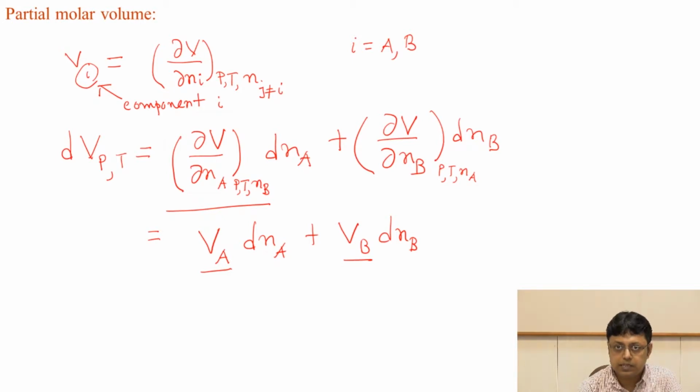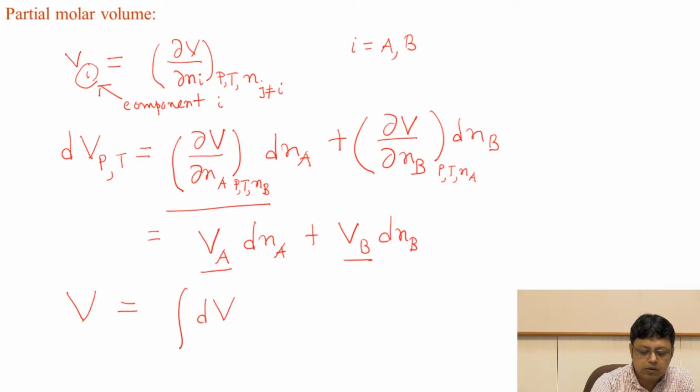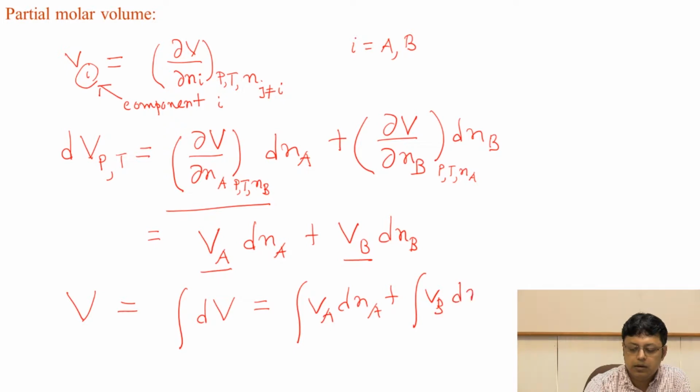So the partial molar volume of a particular component is defined as how the total volume changes if we add that particular constituent. We can ask what the total change in volume due to this addition will be. That is simply the integration of this change: the integral of Va dNA plus the integral of Vb dNB.